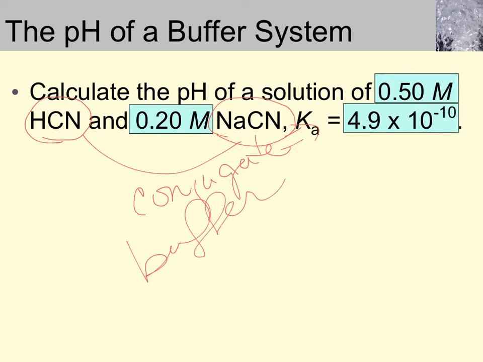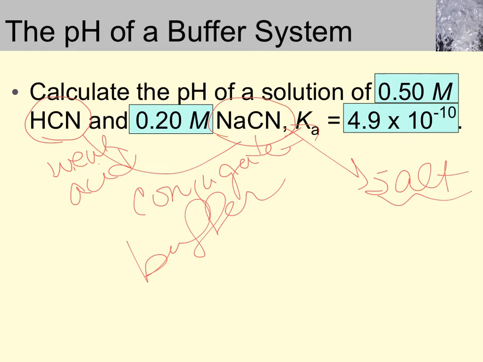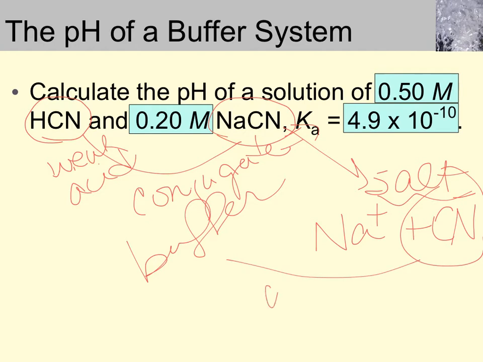And so you might ask yourself, okay, this is a weak acid, right, HCN, but how do I know that NaCN is its conjugate base? Well, another thing you need to get used to is when you see a salt, remember that's a nickname for an ionic compound, remember what salts do in water. They break up into the cation and the anion. And so now I'm hoping that you can see that once you break it apart, the anion from a salt is actually the conjugate base of a weak acid.